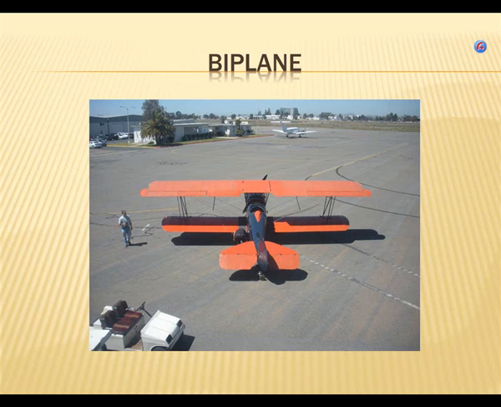There may still be a manufacturer or two that build biplanes, but they probably do it for aerobatic flying rather than for regular flying. They're expensive, they're a little hard to fly, and they don't add an awful lot. So if you've got all the money in the world and you want to go into an aerobatic contest, then you can buy yourself a Pitts, which is a two-winged aerobatic aircraft.